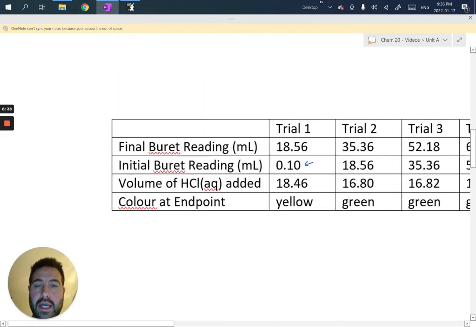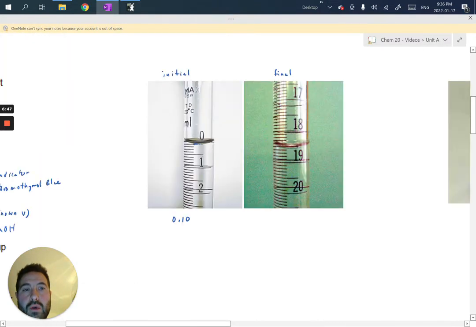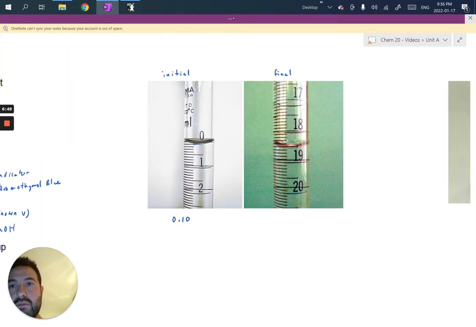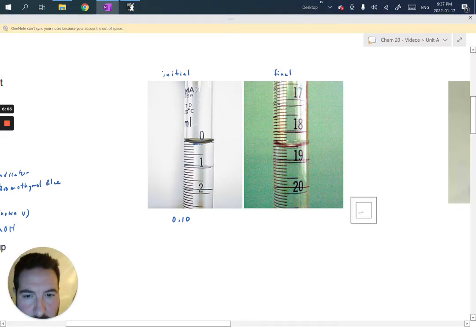Your first trial is usually just a practice one. A lot of the time you're going to have an overshoot in your first run. If I then measure my final volume that I added for my first trial, I said that we have 18.56 here. So there's 18, there's 18.5, here would be 18.56.